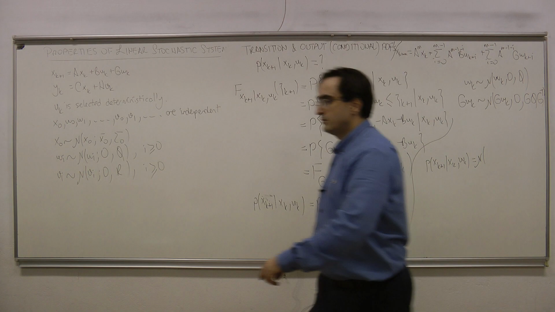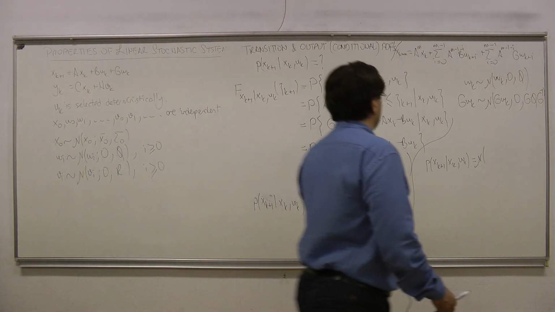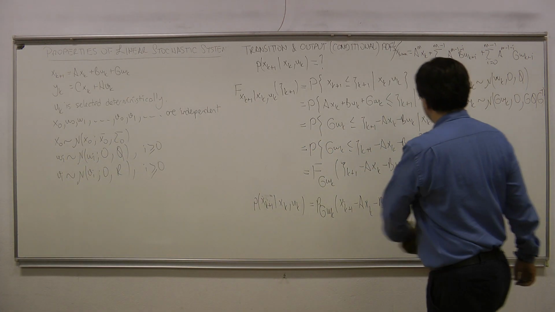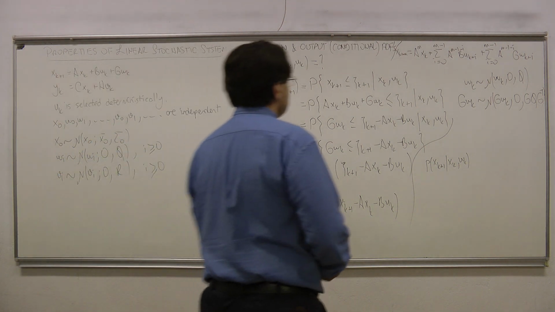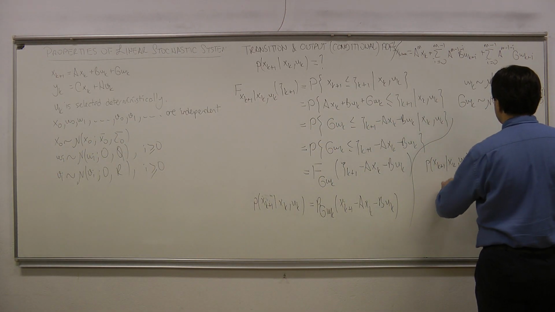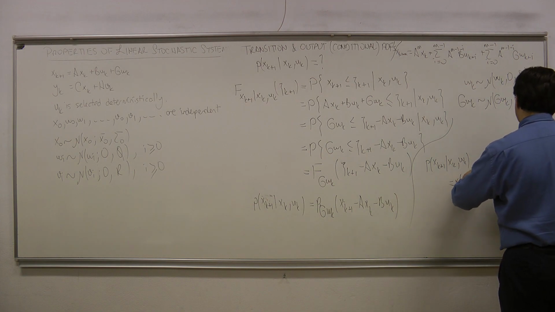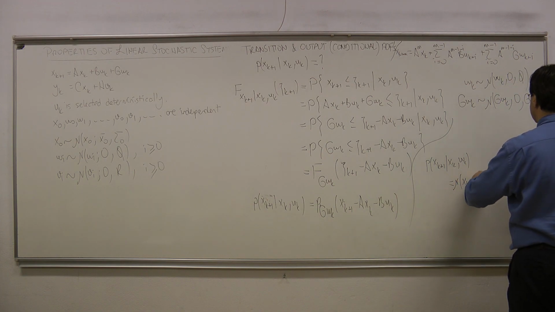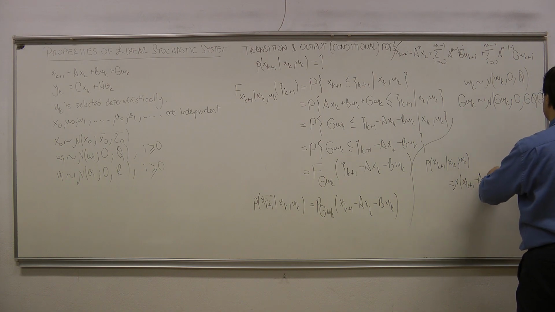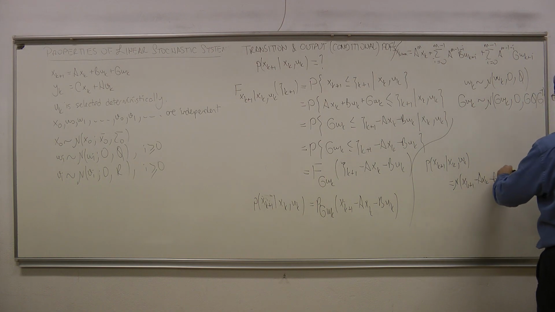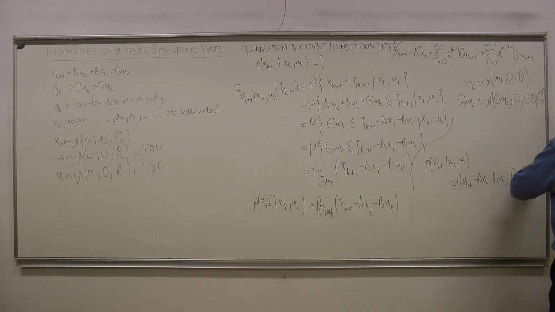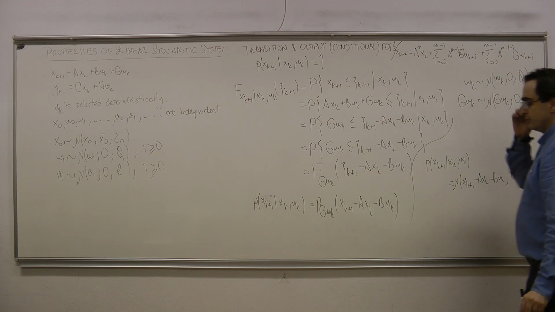Maybe I should write down below. That is equal to normal, I have xk plus 1 minus axk minus buk, and I have the mean 0 and the covariance GQG transpose. Okay?